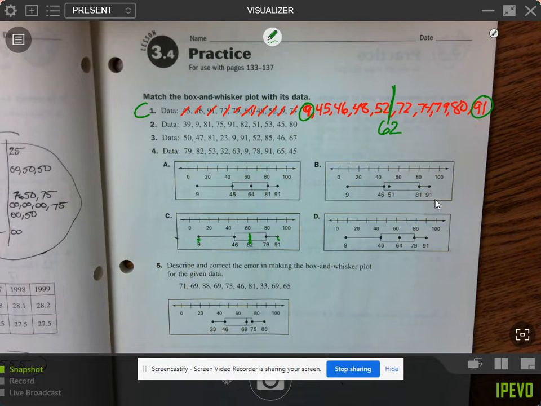So now let's look at number 2. Again, we have to put our data in order. So we're starting with our 9.